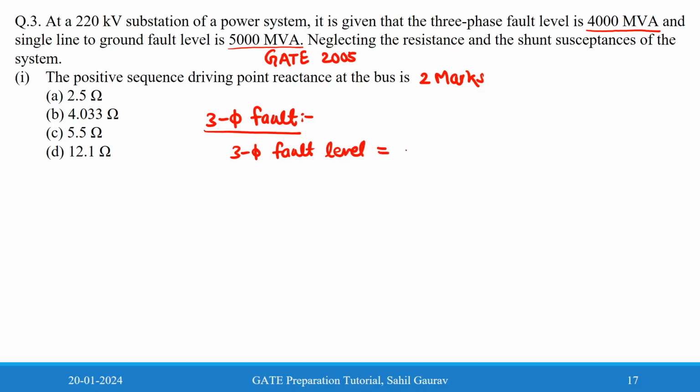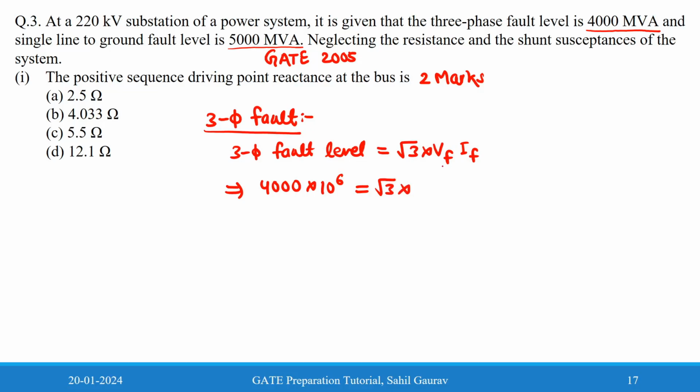Three-phase fault level we can write as root 3 times VF IF. The three-phase fault is 4000 MVA, so 4000 into 10 to the power 6 equals root 3 into VF into IF.